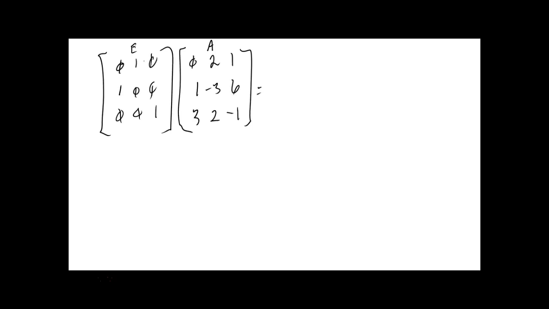If you were trying to get this in row echelon form, what would be your first step? Exchange the top two rows. Okay? And what did you say this elementary matrix was from? Exchanging the top two rows.